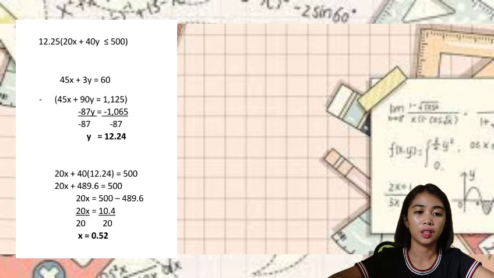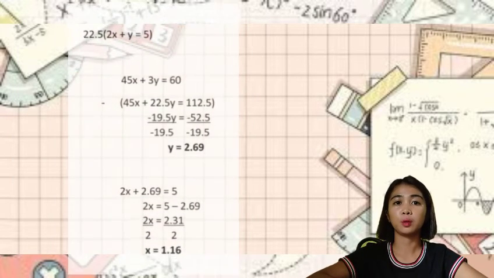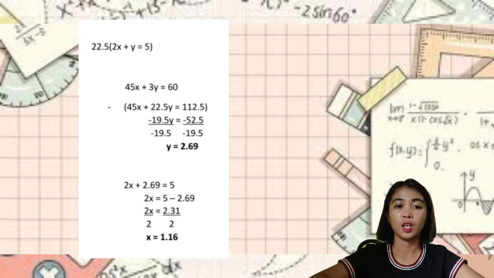So it will result in 20x equals 500 minus 489.6. Then it will come up to 20x equals 10.4. Divide both sides by 20. So our x is now 0.52. For our second extreme point, we will execute the same process in order to get our x and y. So our x is equal to 1.10 and y is equal to 2.69.